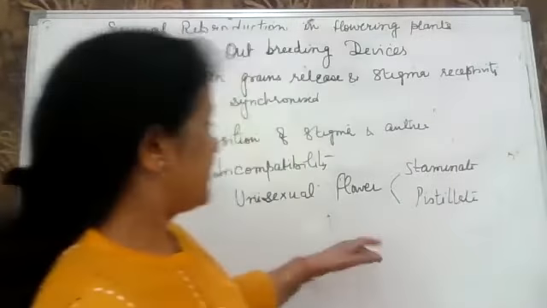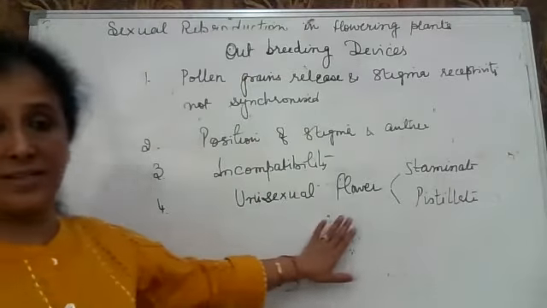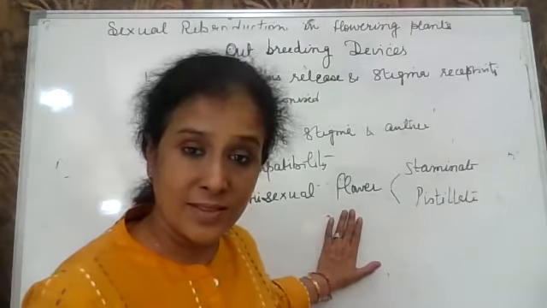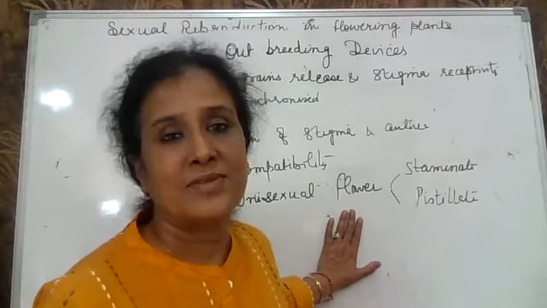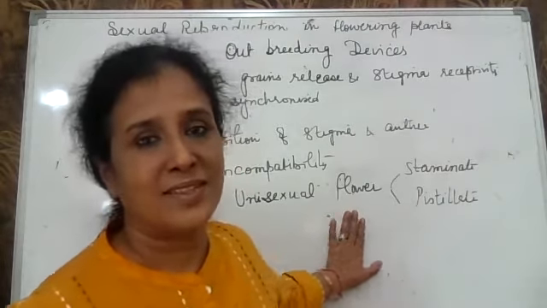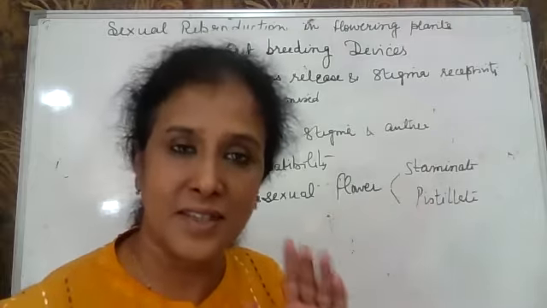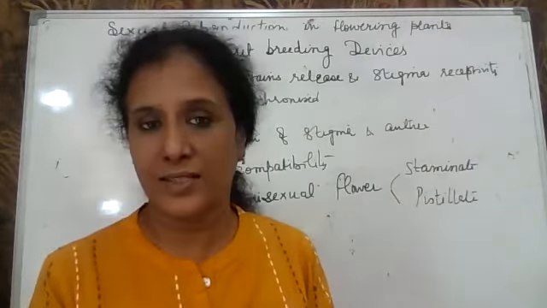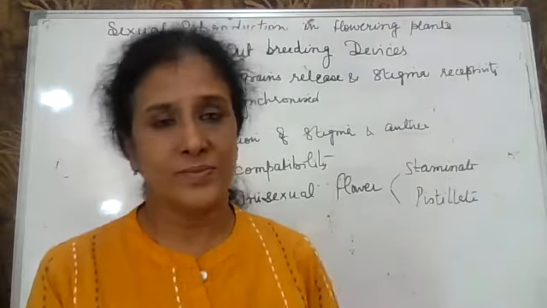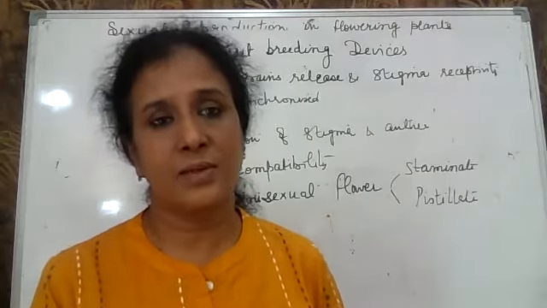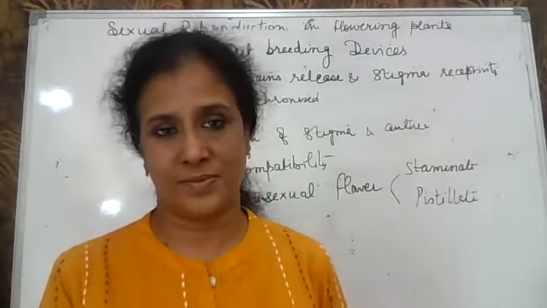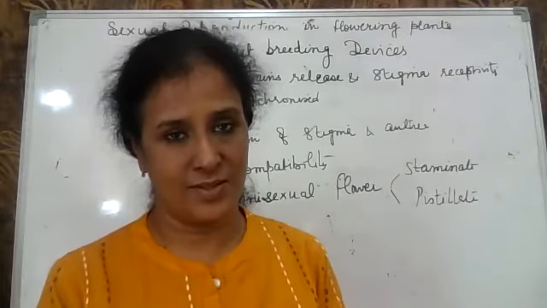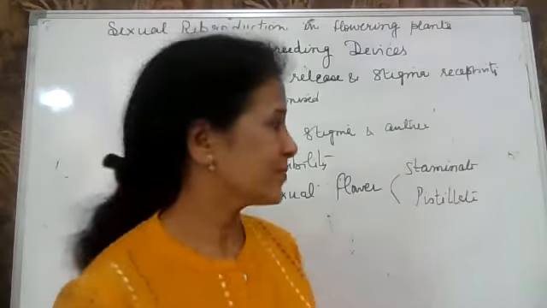All right? But they cannot prevent geitonogamy. Tell me, genetically they are the same because still the anther and pollen grains and ovule have the same genetic makeup. So this is still a self-pollination, sort of.